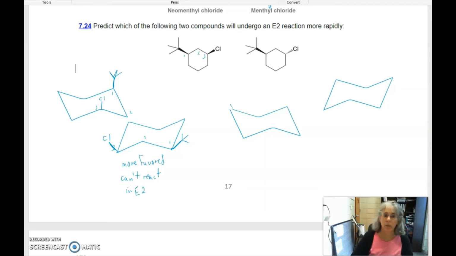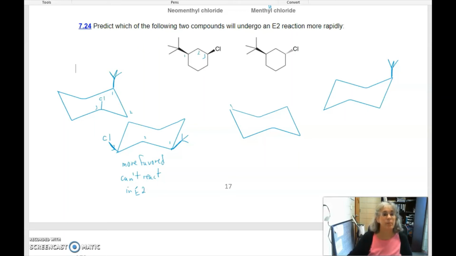So let's look at this one. I'm going to start the same way I did the other one. We'll start by making the t-butyl group there, and we'll make it axial. We'll skip one. This one needs to be down. Well, what are things doing at this position?